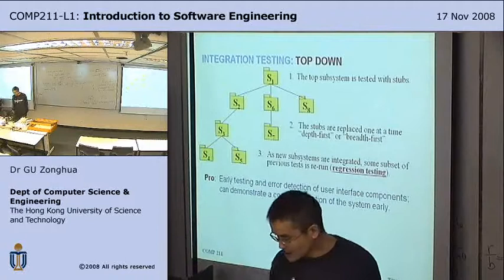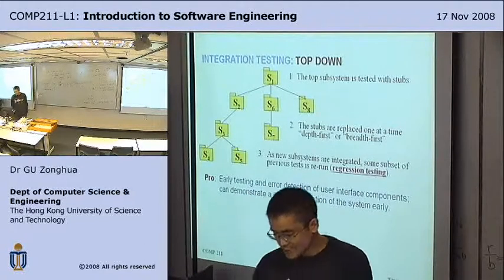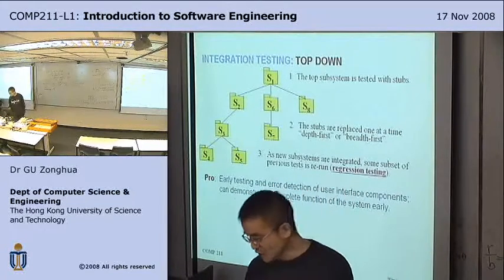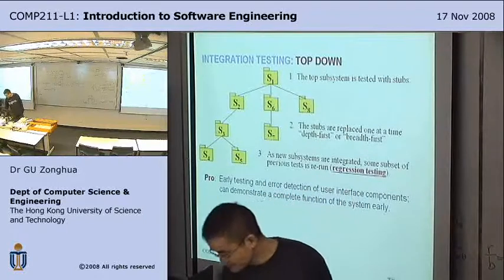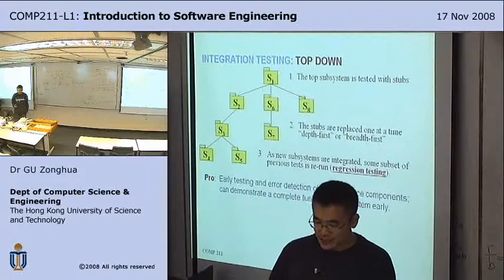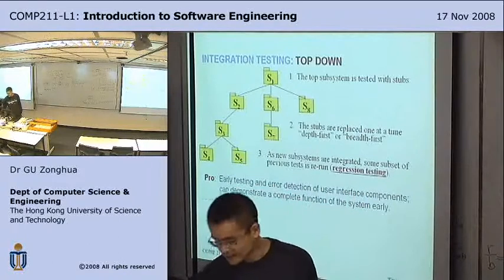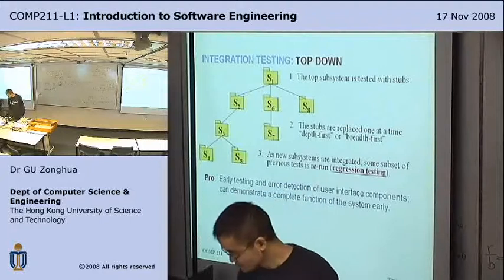So early testing and error detection of user interface components, because you're starting with the UI, and you can demonstrate a complete function of the system early, especially to gather user feedback during the requirement stage.